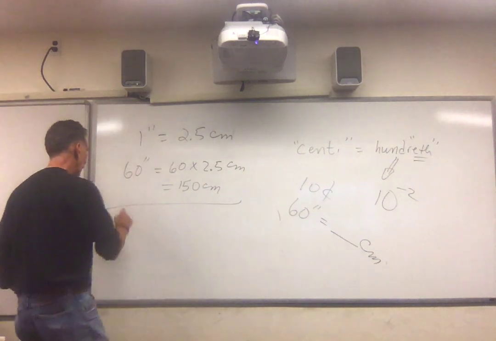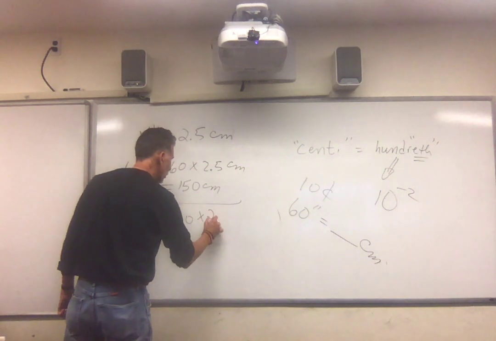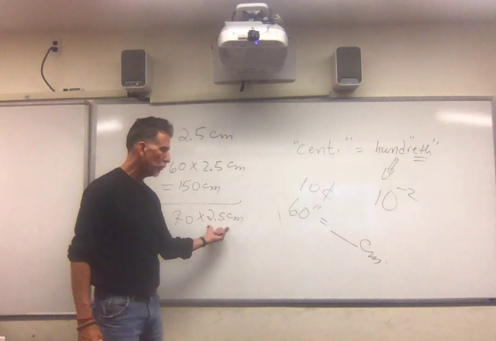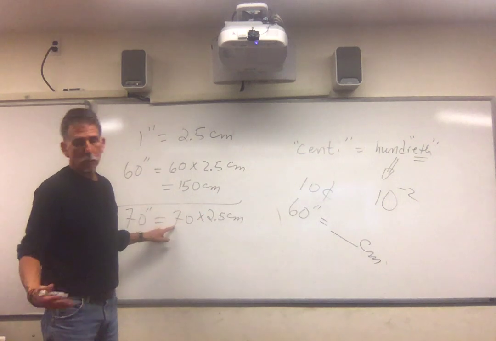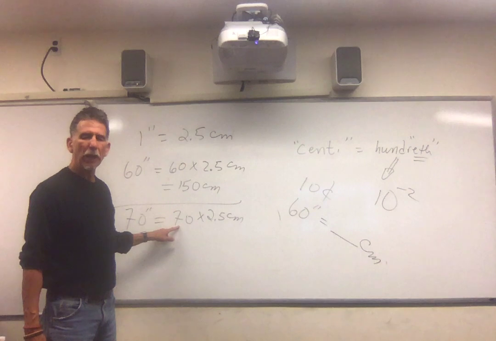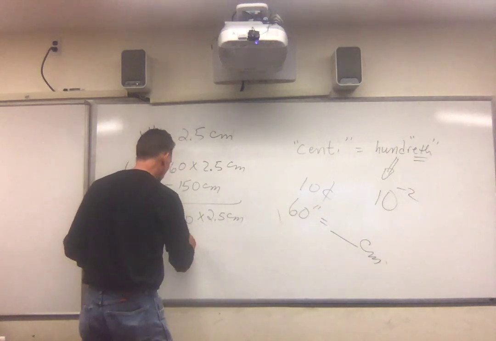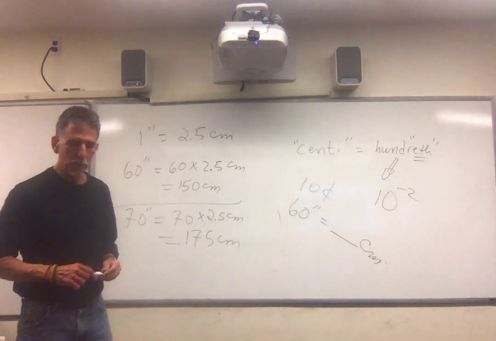Another, let's do 70 inches. Well, we need 70 times 2.5 centimeters. Remember, we're approximating. We're not using 2.54. Same logic: 2 times 70 is 140. What is half of 70? 35. 140 plus 35 is what? I think 175. Oh, we're feeling smart now.